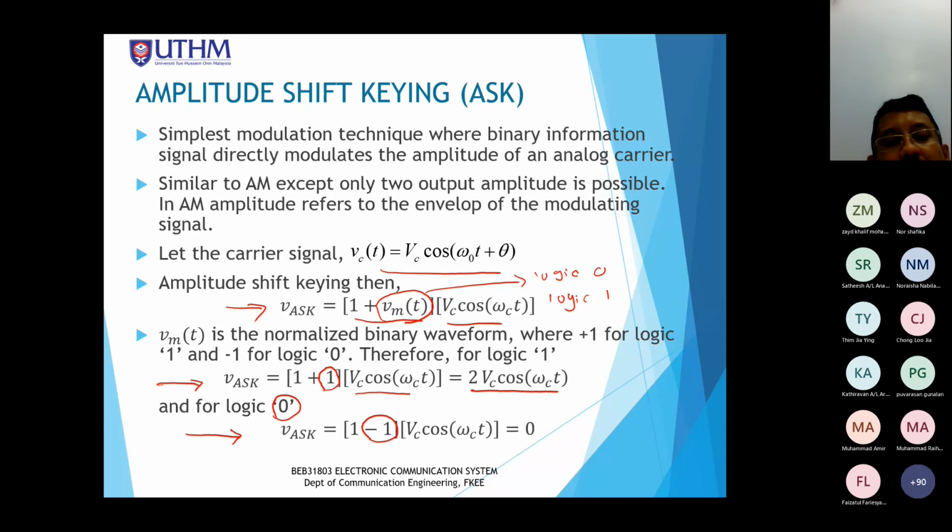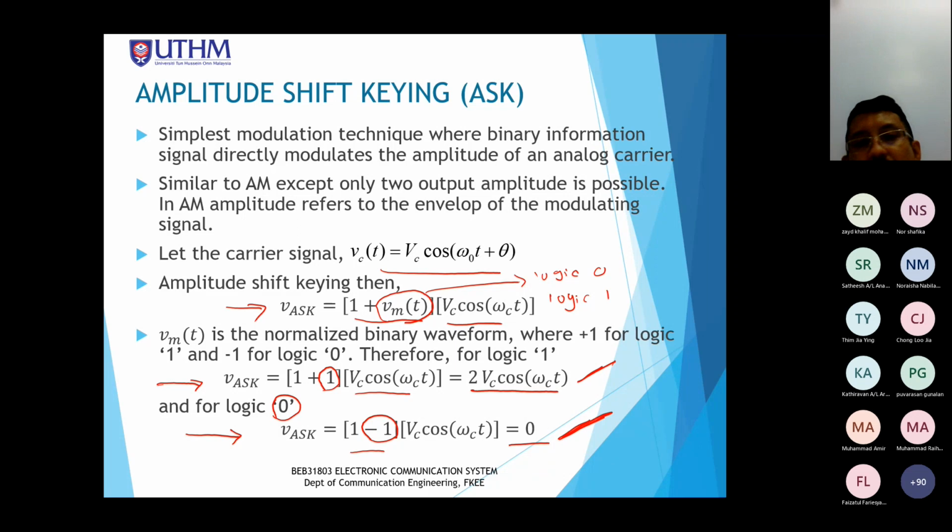Logic 0 is represented as negative 1 volt. So we put it inside the general equation, it becomes 1 minus 1 multiplied with VC cos omega CT, which is equal to 0. So only two possibilities, either this or this, either logic 1 or logic 0.